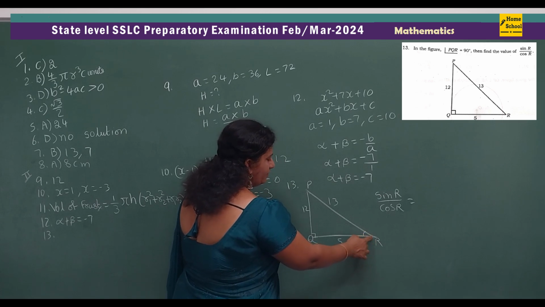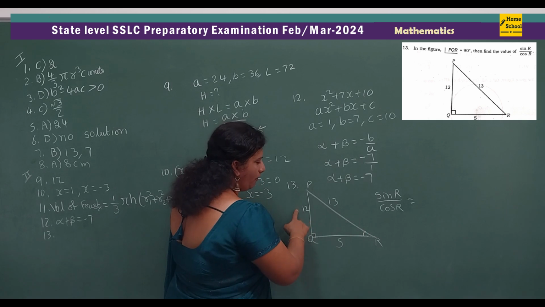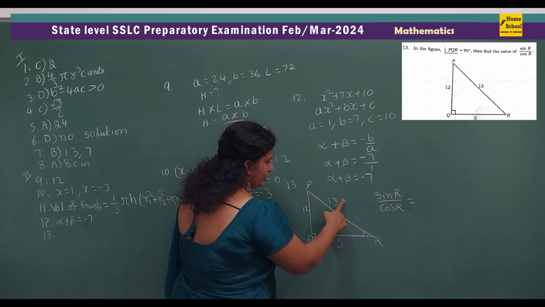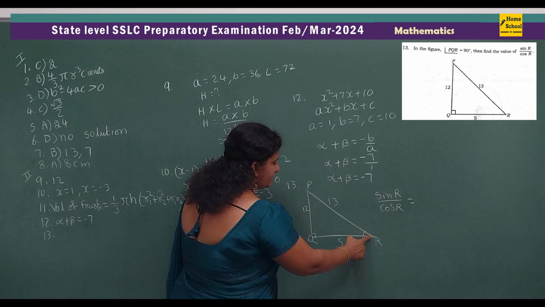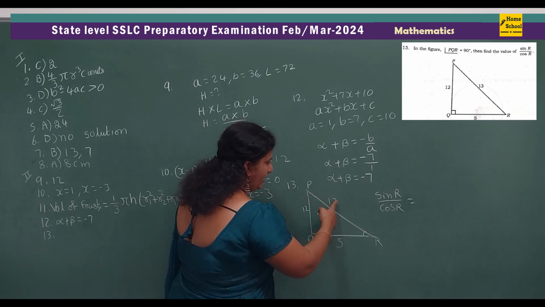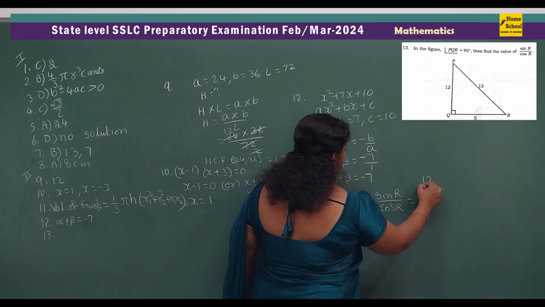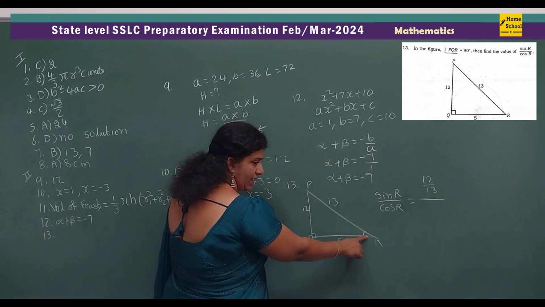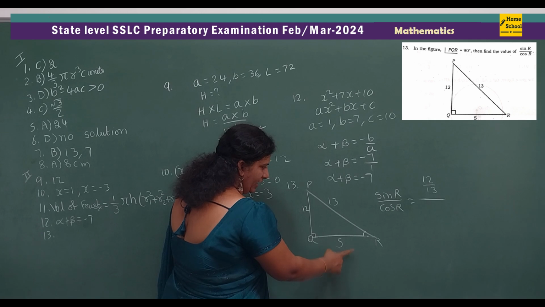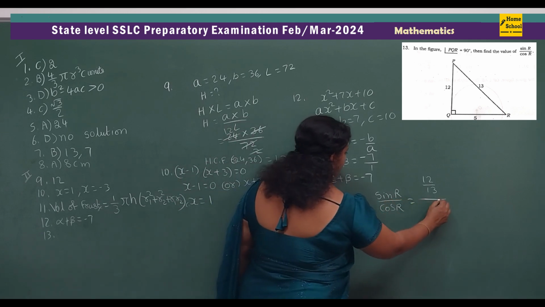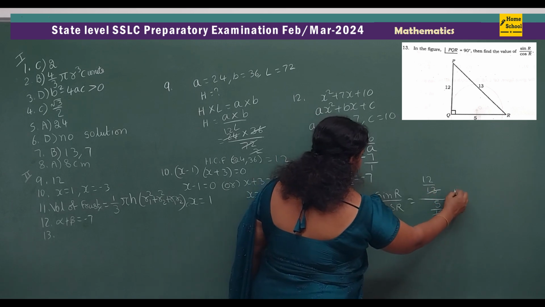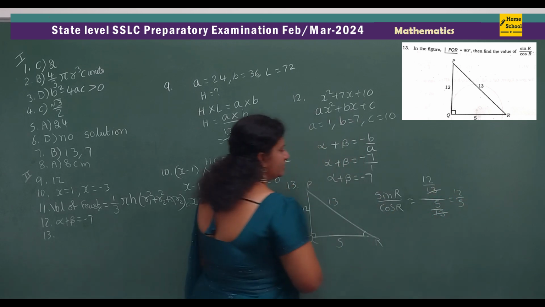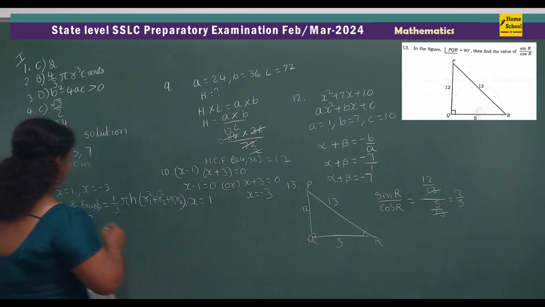Sin R means what is the ratio? Opposite by hypotenuse. Sin R value is opposite by hypotenuse, 12 by 13. Then what about cos R? Cos R is adjacent by hypotenuse. That will be 5 by 13. 13 will be cancelled. Your answer is 12 by 5.